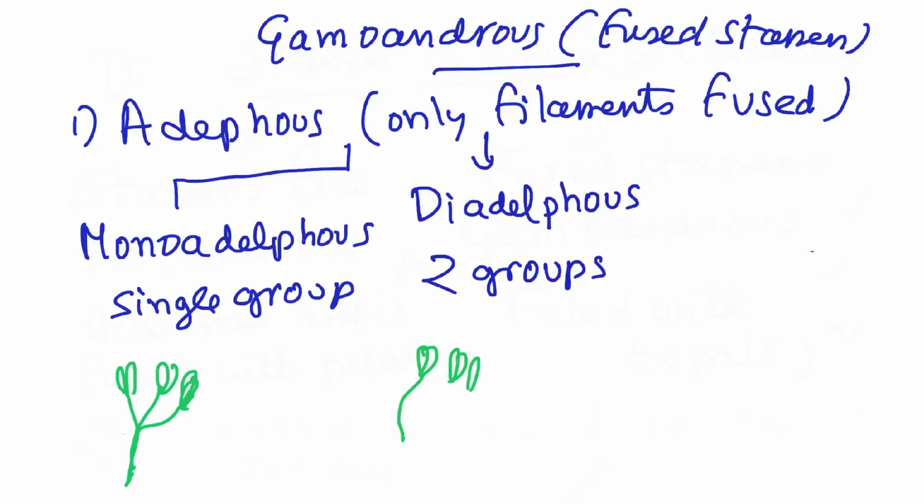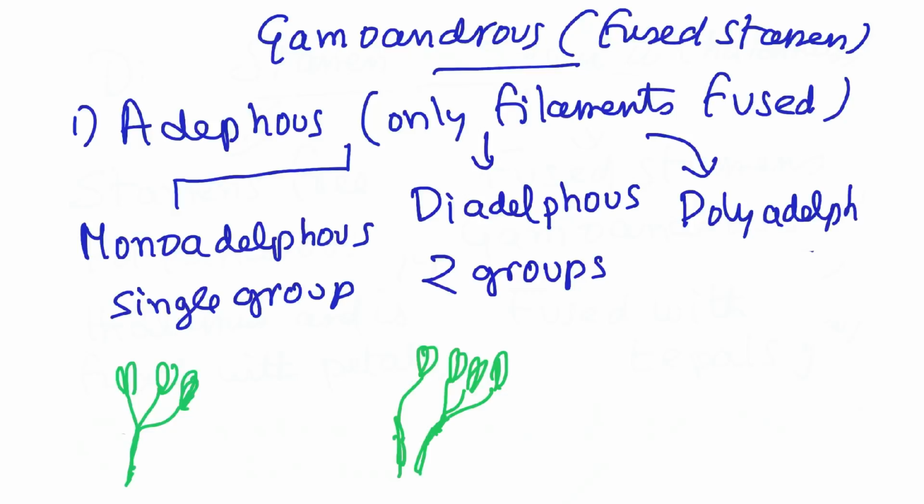But as far as diadelphous is concerned, which is the second case of Gamoandrous, the filaments are of two groups. Once again, you can see that we are having multiple anthers. And the third case, of course, is polyadelphous, which, from the wording itself, we can know means that the filaments are of multiple groups, that is, more than two groups.